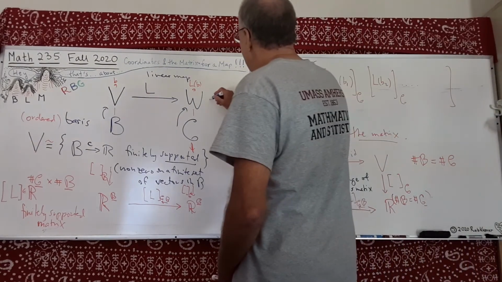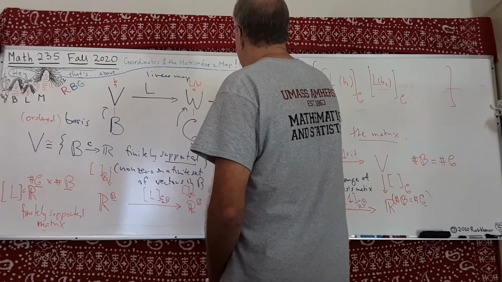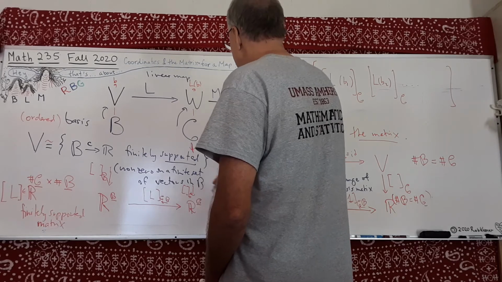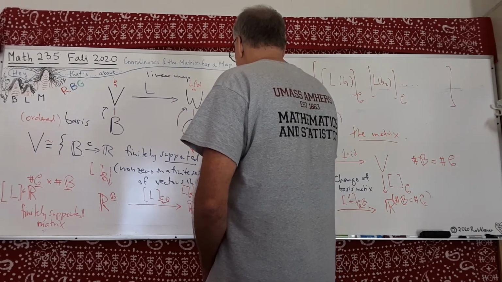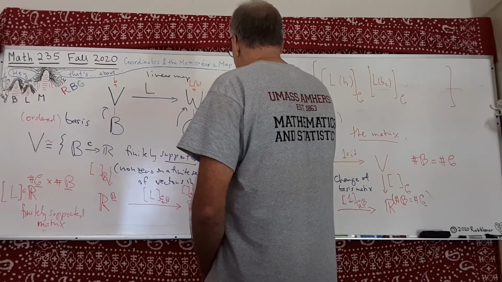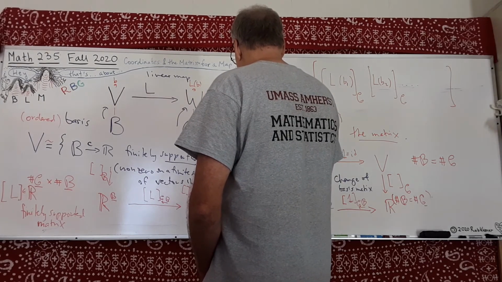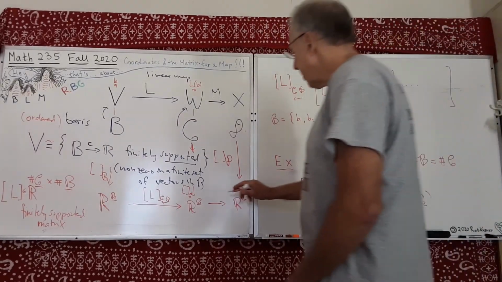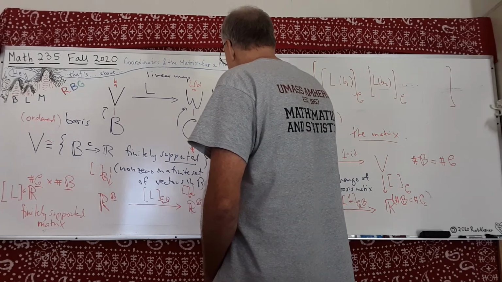And just to think a little bit, you might think about what happens if I continue the diagram. So to think about, what if I go V to W, suppose I have another linear map, M from W to X, and maybe this has a basis D, and then you get some kind of additional coordinate map here, coordinates with respect to D. That'll give you a vector in R to the D, so finitely supported if you like, and a corresponding matrix here for this linear map.